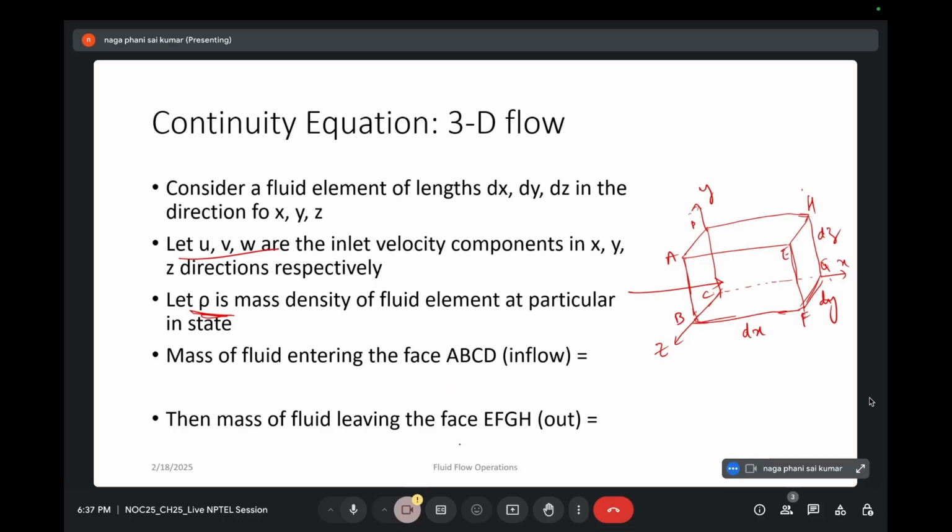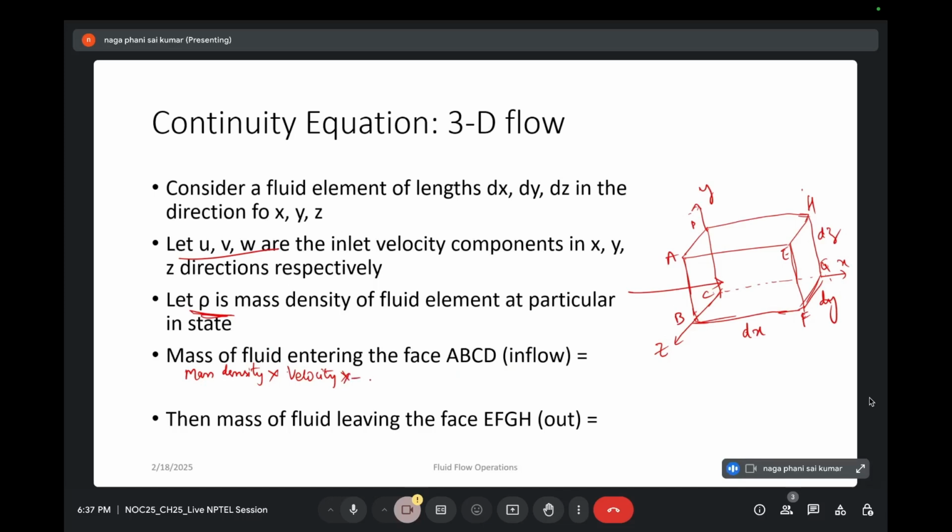So mass of fluid entering the face ABCD, that is inlet through this face, will be equal to mass density, that is density, into velocity, and that too in x direction, because this is flowing in x direction, right?